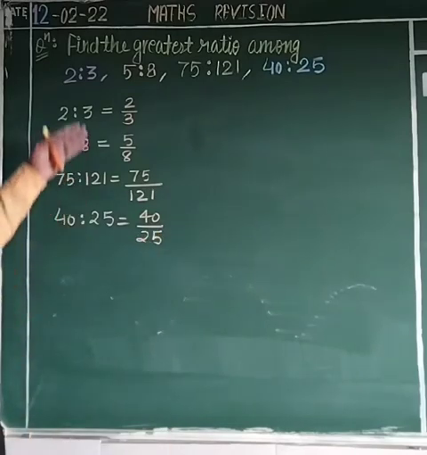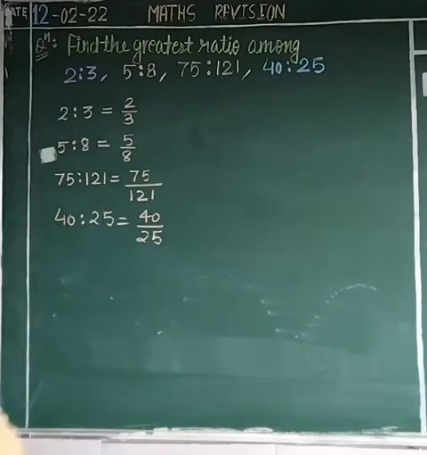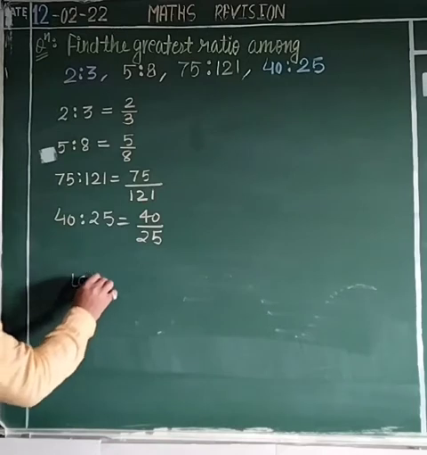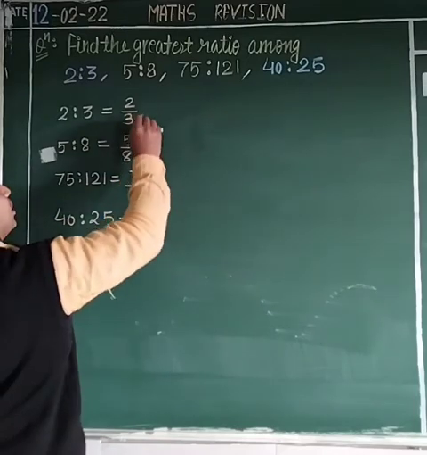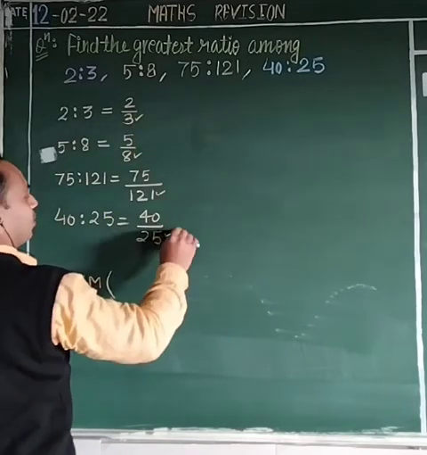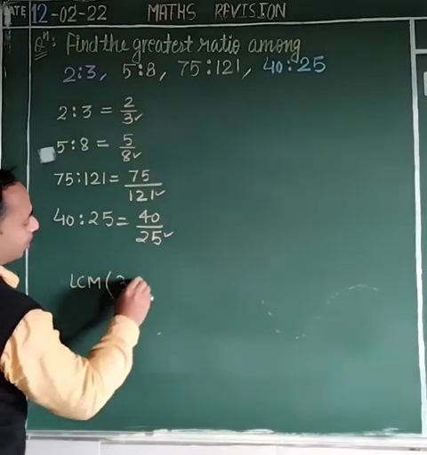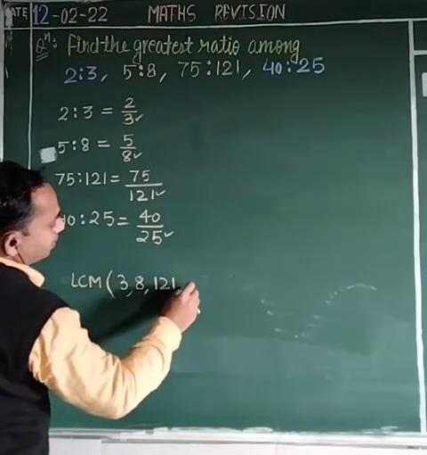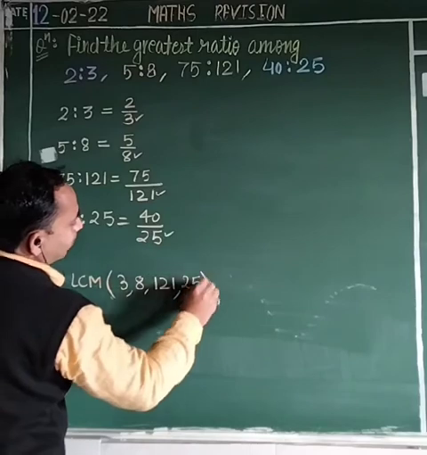And to compare the fractions, first we find the LCM of denominators, that is 3, 8, 121 and 25.